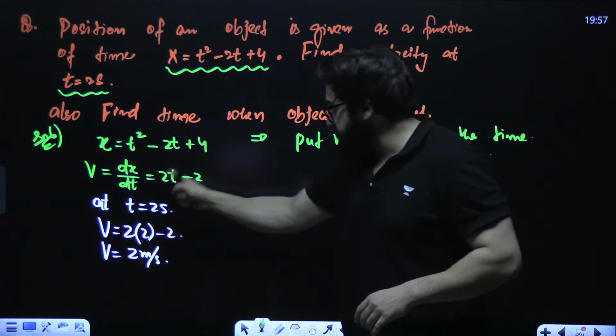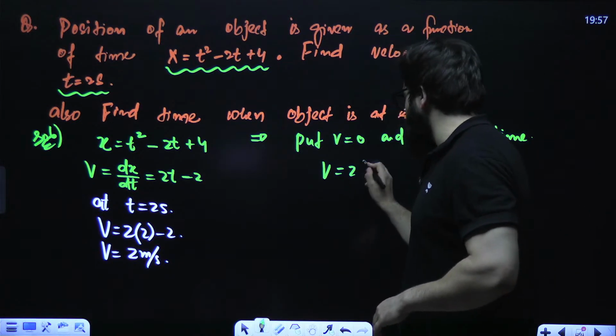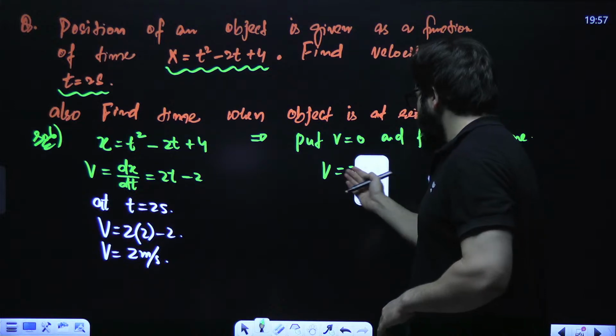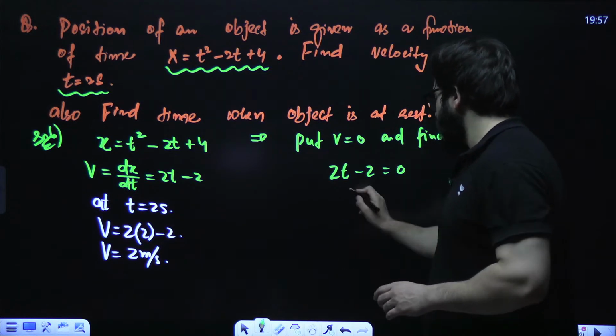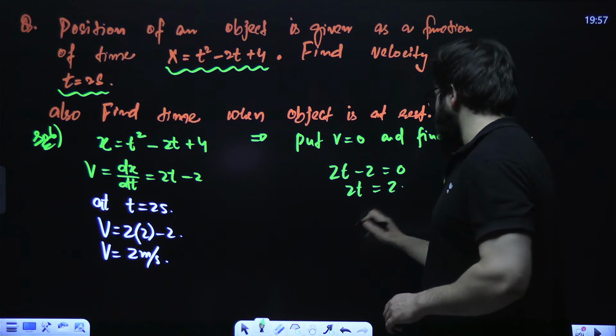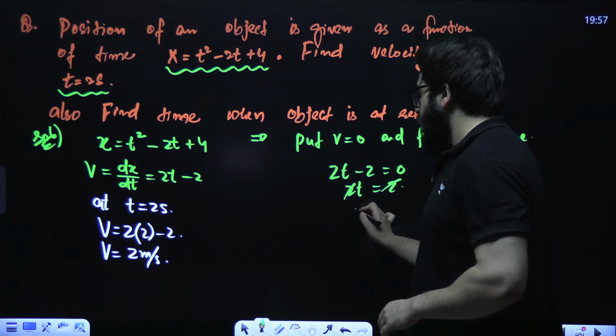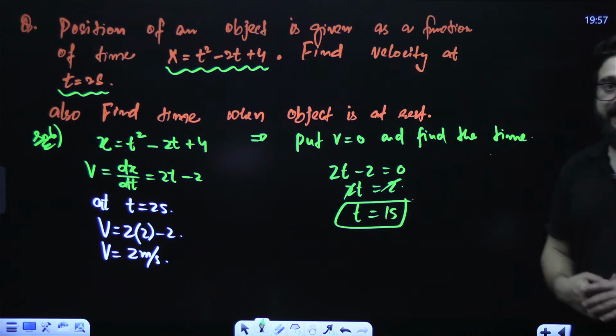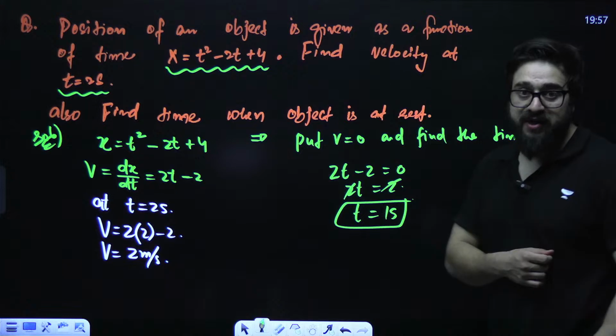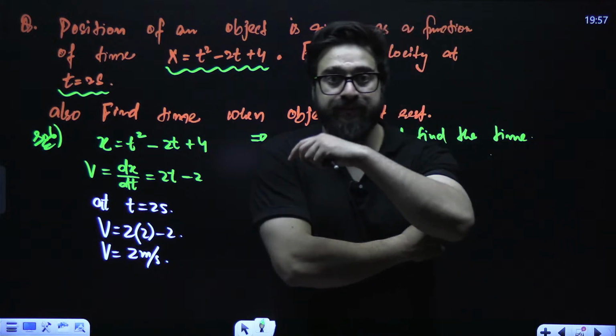V is equal to 2t minus 2 is equal to 0. So 2t is equal to 2, so t will be equal to 1 second. So at t is equal to 1 second, object will come to rest.